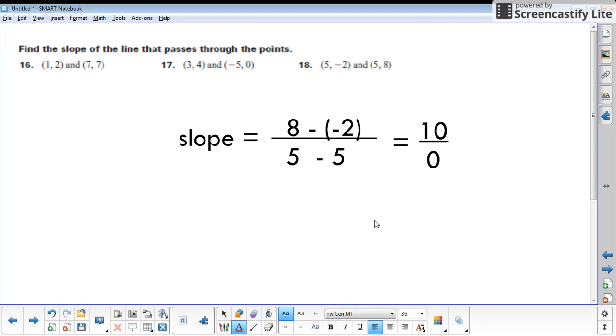This is again one of those opportunities where we're going to be able to say undefined. So this would be a vertical line. It makes sense if you think about it: between these two points you're moving over 5, and one is going down 2 while the other is going up 8.